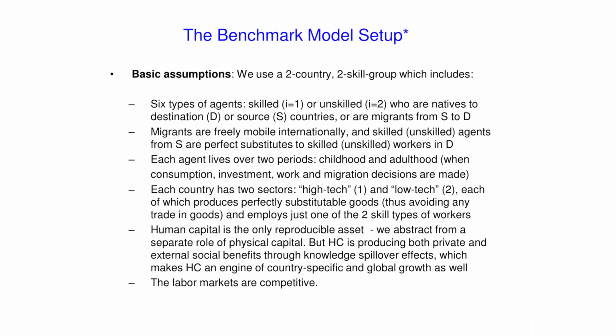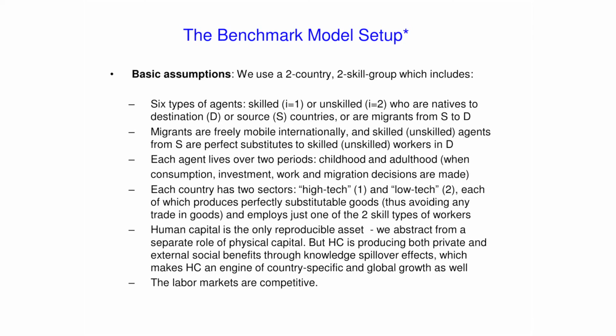And also, each one of them employs just one of the 2 skill types. The high-tech would employ the skilled. The low-tech is going to employ the unskilled, or the less skilled, if you wish. And then, finally, human capital is the only reproducible asset, which is more in line with Becker, Murphy, and Tamura.